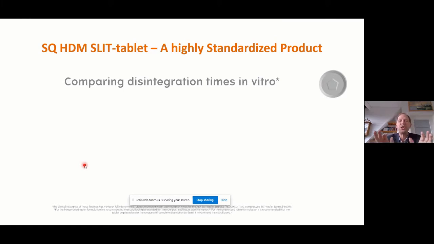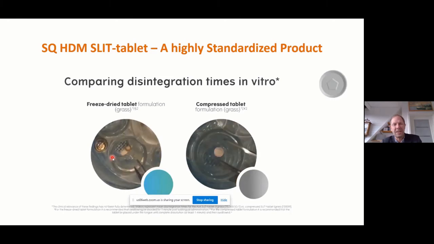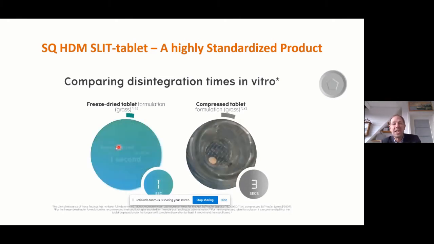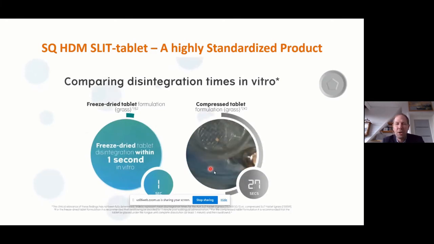And I will show you now 2 small videos. On the left-hand side, you will see the disintegration of this lyo tablet. And on the right-hand side, you will see the disintegration of a compressed tablet. Just look at this. And now you put the tablet into water and it's away immediately, whereas the compressed tablet is there for a much longer time.